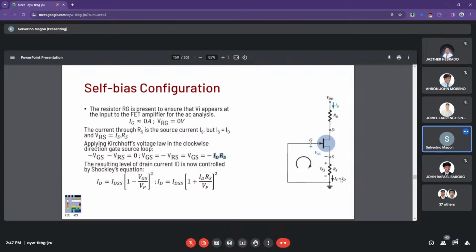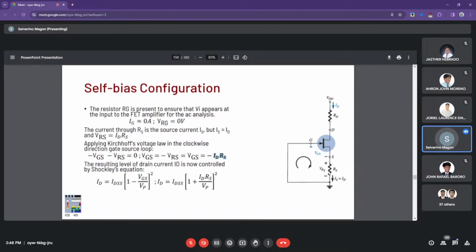Since we don't have the value of VGS, remember guys, this is not a BJT. In a BJT, the base to emitter voltage is immediately available as 0.7 or so. That is not the case here, since we have to perform a different calculation. This is given by the expression IDRS.